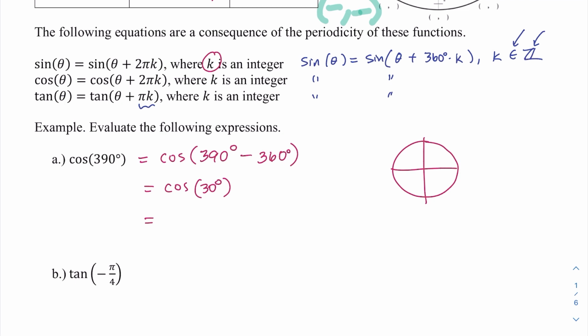When we fill out the unit circle, we fill it out for one positive rotation starting at 0 degrees. So at 30 degrees here, the point is root 3 over 2, 1/2. And so this is root 3 over 2 for my answer here. So it's just saying that this output and this output are going to be the same. And sometimes I'm more familiar with this output from, say, my unit circle or something like that.